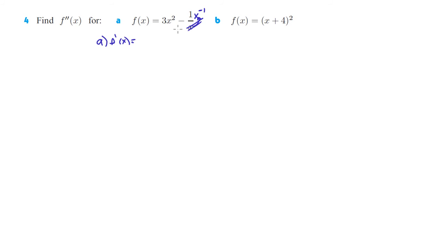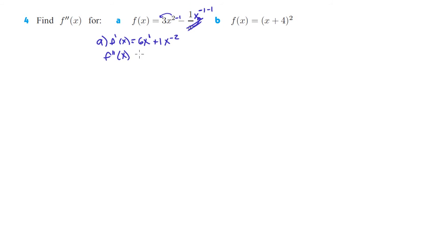Okay, and now we can take the derivative. 2 times 3 is 6, x to the first, right? And then negative 1 times negative 1 is plus 1, x to the negative second. And so that's the first derivative. So now we've got to take the second derivative.